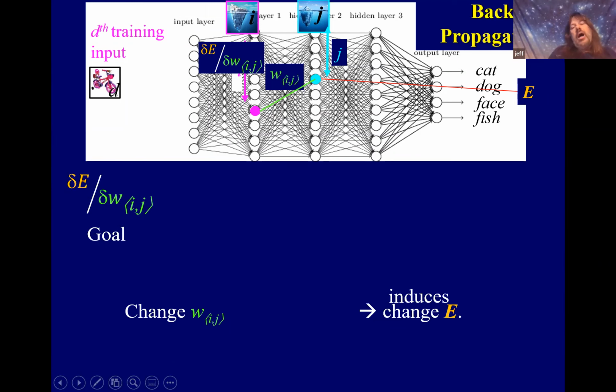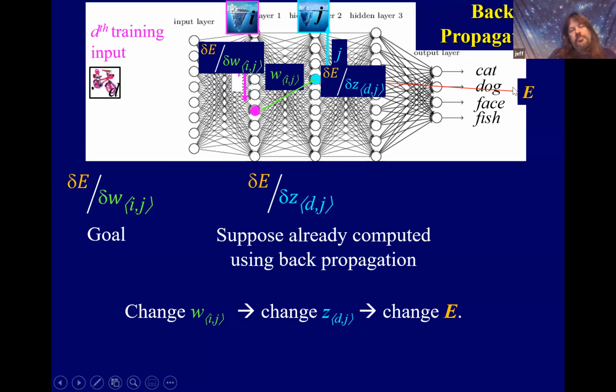The next value coming along here is Z. You change the weight, that changes the Z value, and that Z value in turn changes the error. So there's just a path of change.